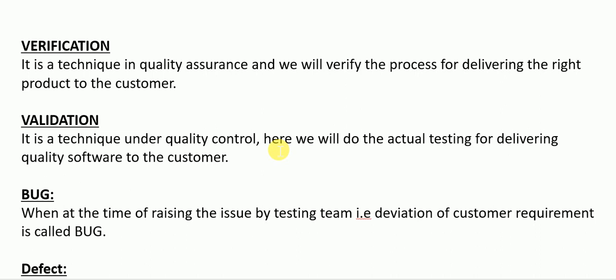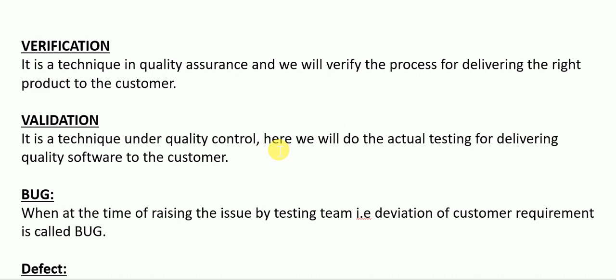Verification comes under quality assurance, because they are going to verify our application, our standards, and our process. So verification is the technique coming under quality assurance. Validation comes under quality control. Actual validation is done by the testing team. Actual verification is done by the quality assurance team.